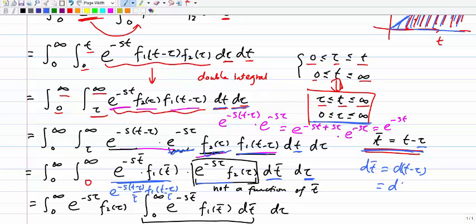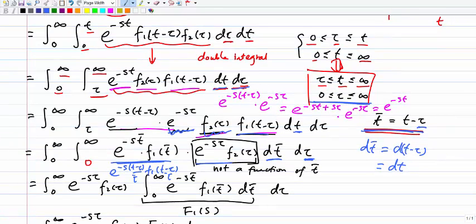So this is dt, which means the same. Because this function of tau is not a function of t bar anyway, I can move this one to the outside of the integration and consider it as a constant. I can move this whole piece outside, because it's not a function of t bar.